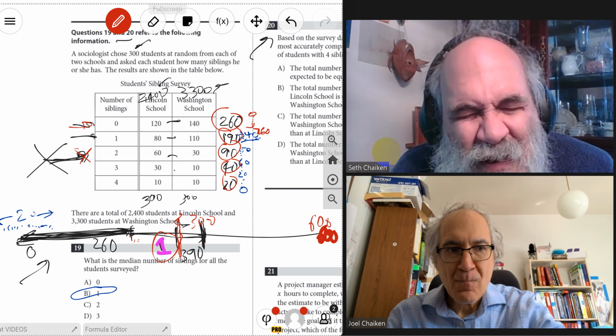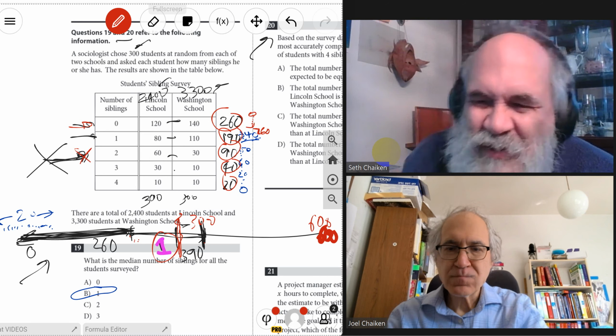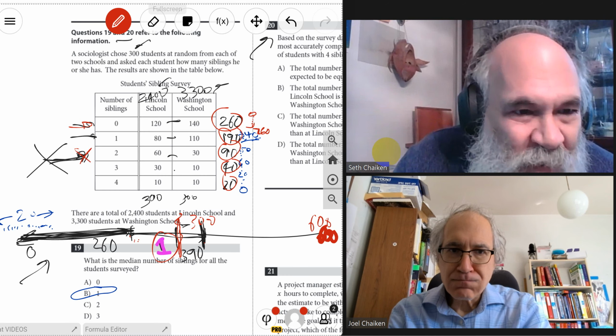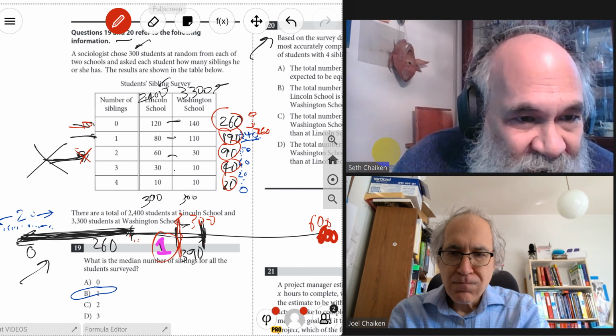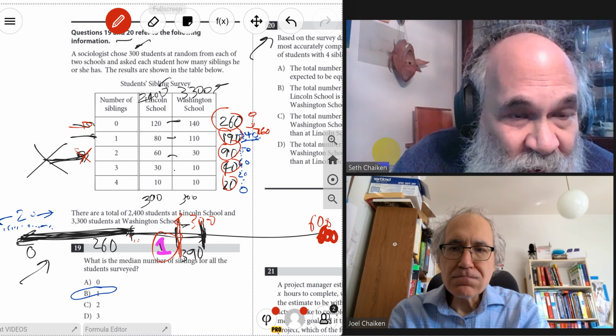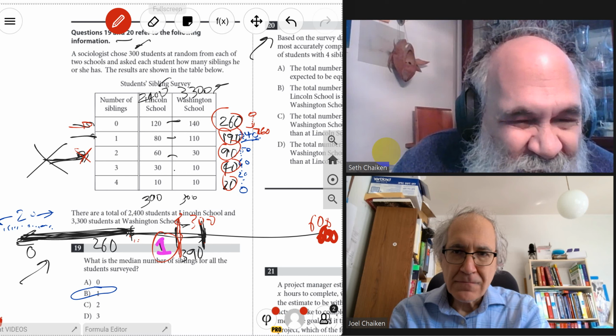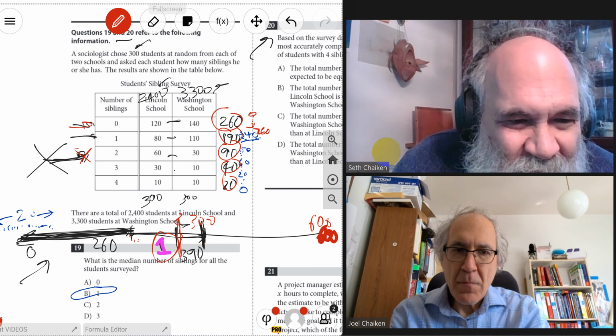The idea is to sort of line up like do it this way. On the left-hand side, the first student in the line, I'm going to write the number of siblings that first student has. Sorry, I made a mistake.